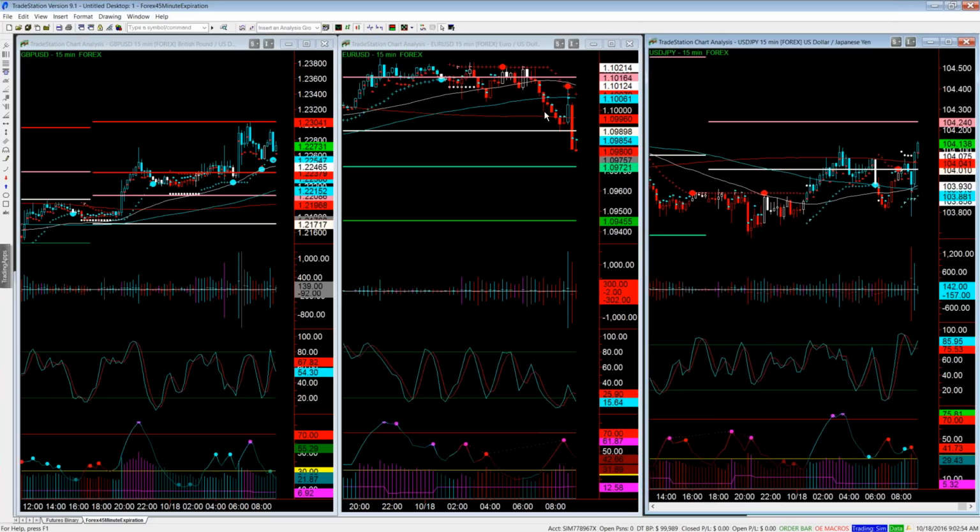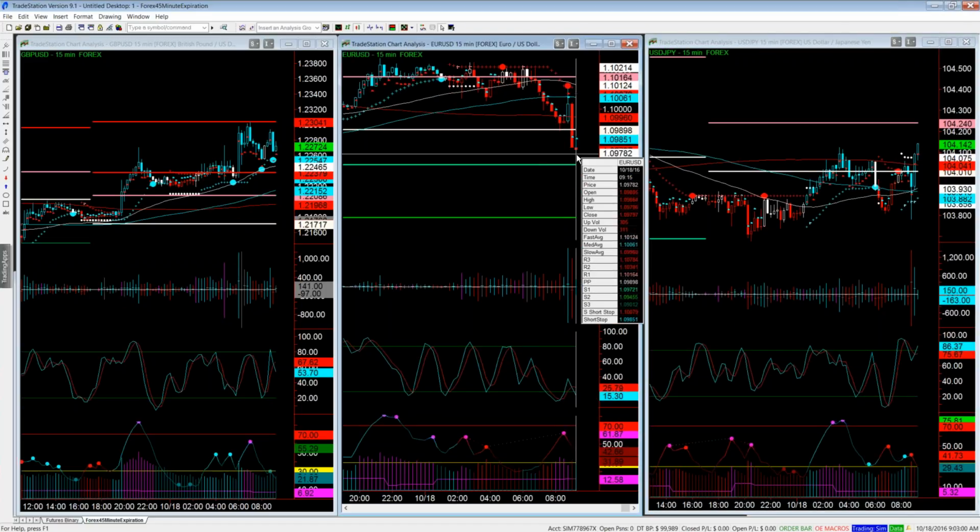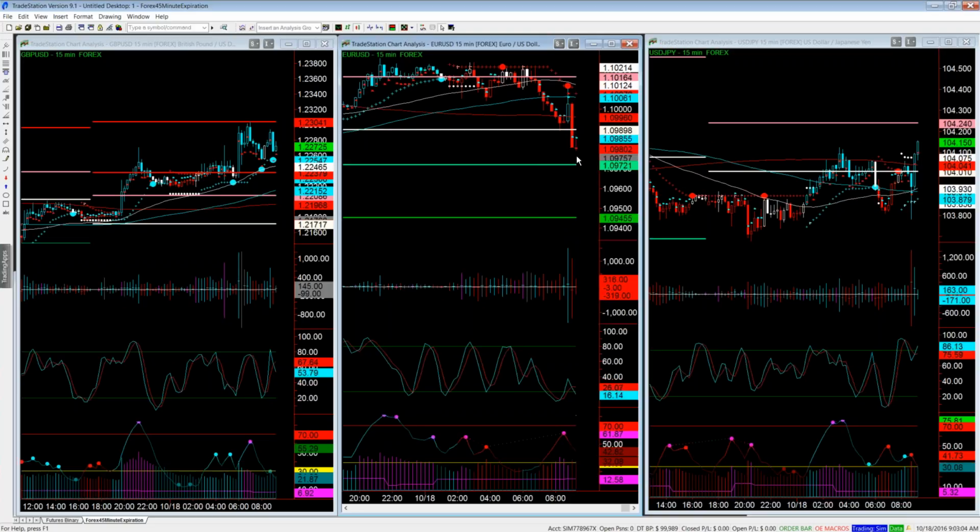If you notice over on the euro dollar, you came up to the ATR, it gave you an entry signal and went straight down. Over on the British pound, you've had a long entry, a long entry, and a long entry.